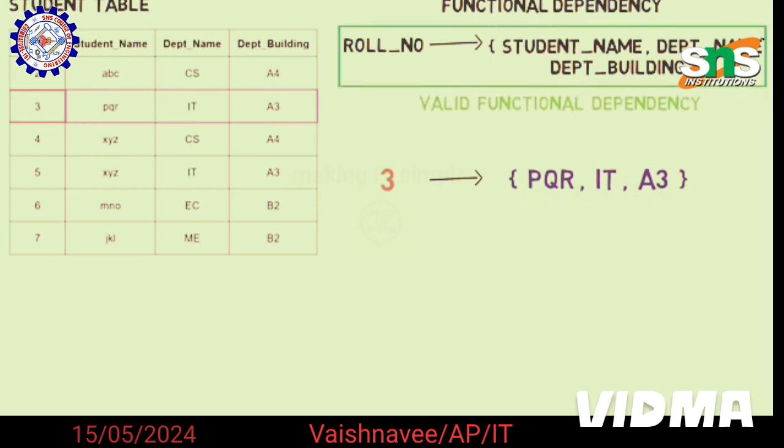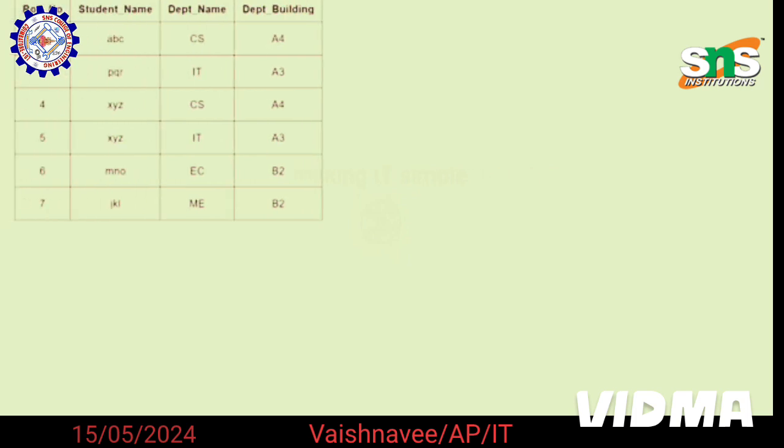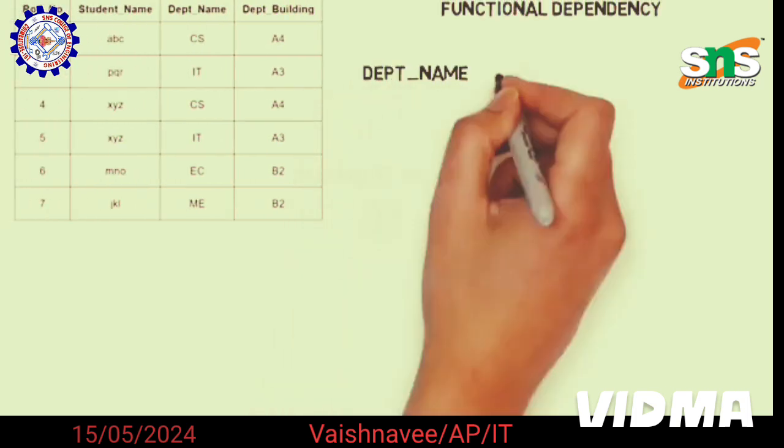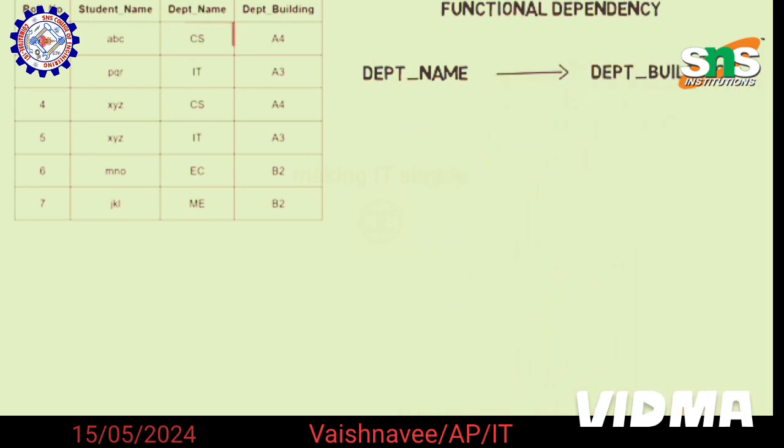For example, if we have roll number 3, we can uniquely identify the student name, department name and building like PQR, IT, and A3. So we can confirm that it is a valid functional dependency. In a case where there are different determinants and corresponding different dependents, this kind of case is a valid functional dependency.